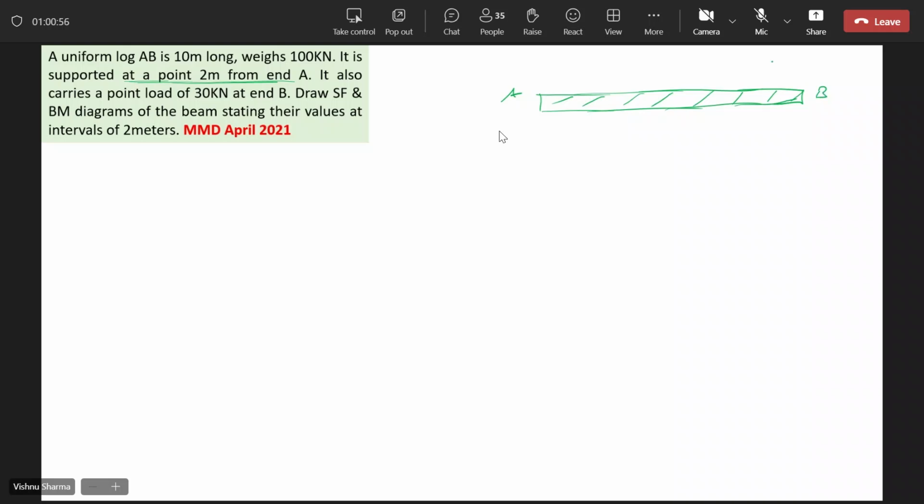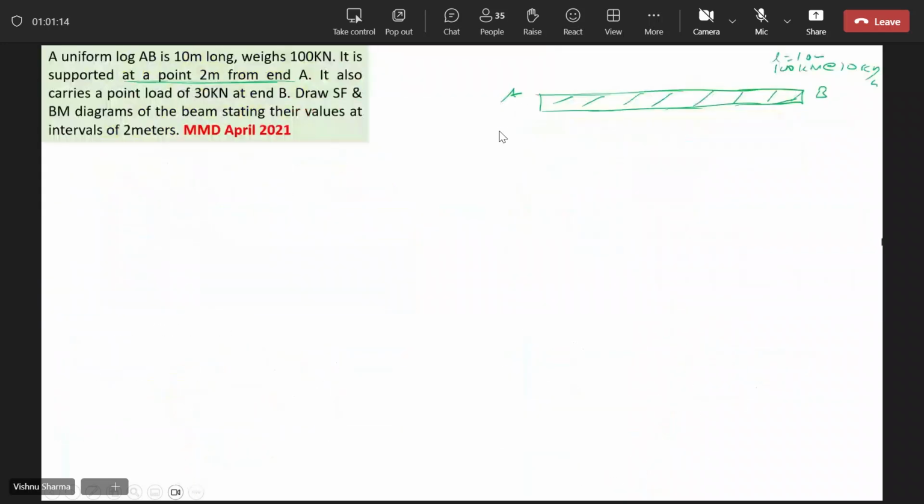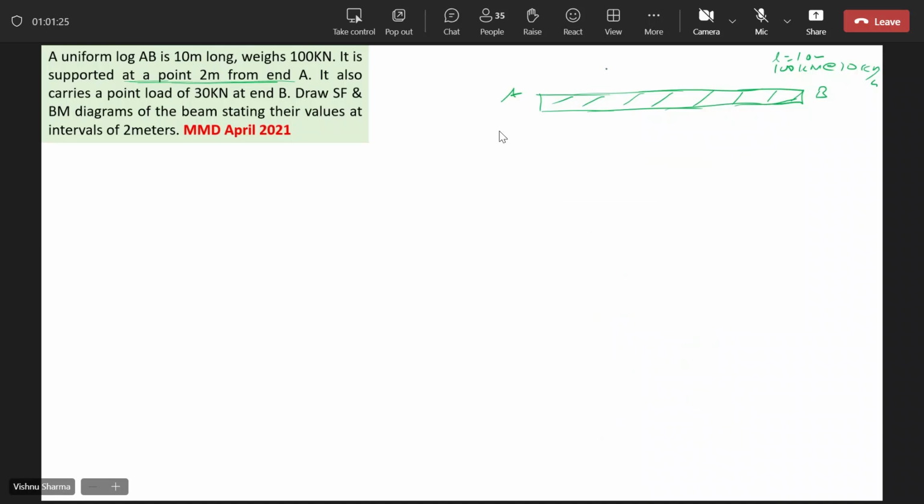It's 10 meters long, and he says it's 100 kilonewton, at the rate of 10 kilonewton per meter. And he says it is supported at a point 2 meters from end A. Right here. It is supported at a point 2 meters from end A. So that means it is supported somewhere here.